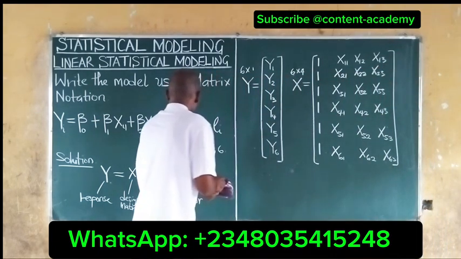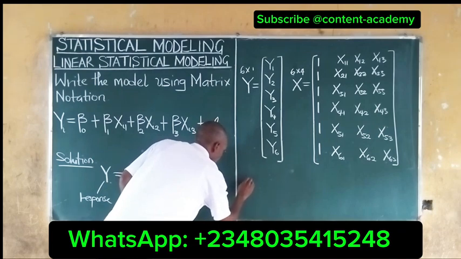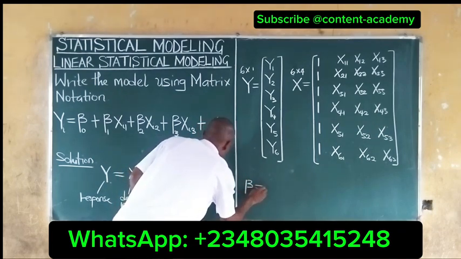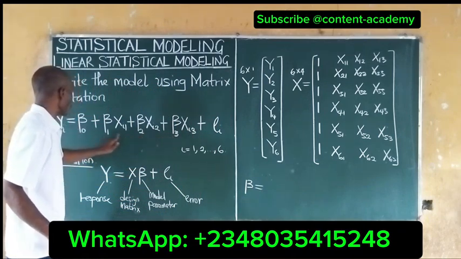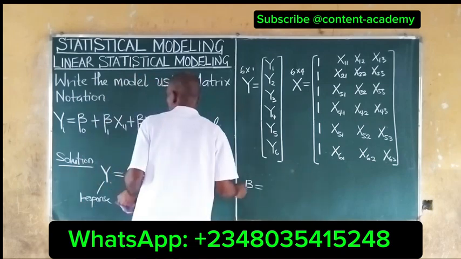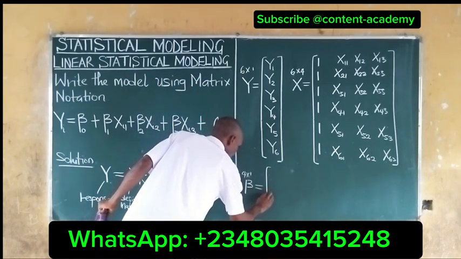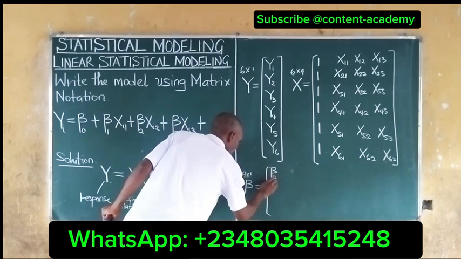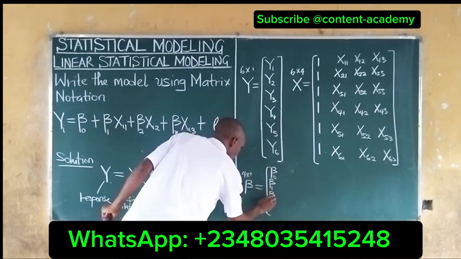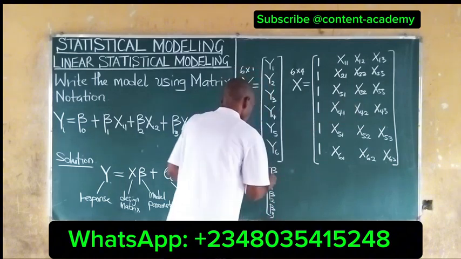So our B, which is the model parameter, is 1, 2, 3, 4. So our B is a 4 by 1 matrix. So we have B naught, B1, B2, and B3. Sorry, this is 6 by 4.